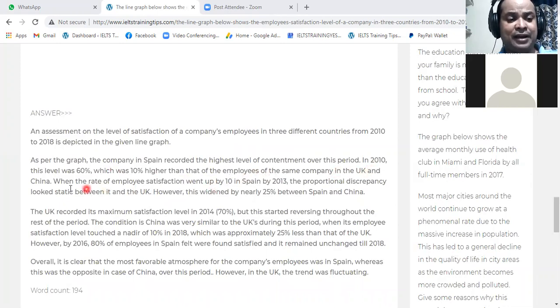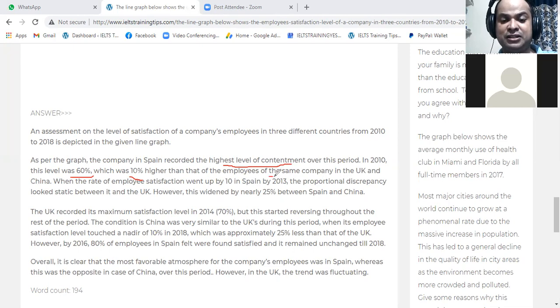In 2010, this level was 60 percentage. The level of contentment, the level of satisfaction, was 60 percentage in Spain. The level was 60 percentage in 2010, which was 10 higher than the employees of the same company in the UK.